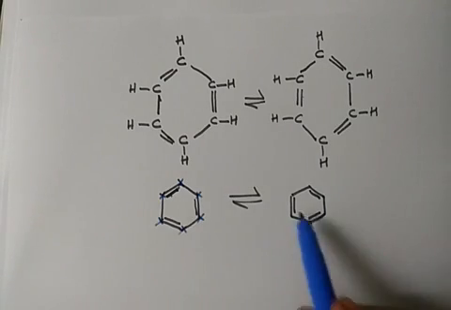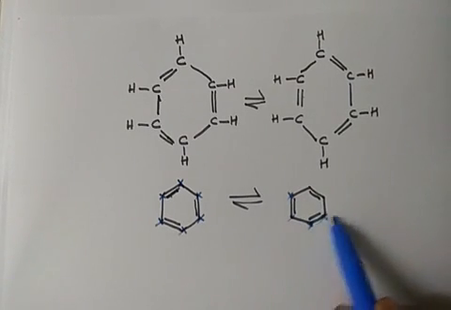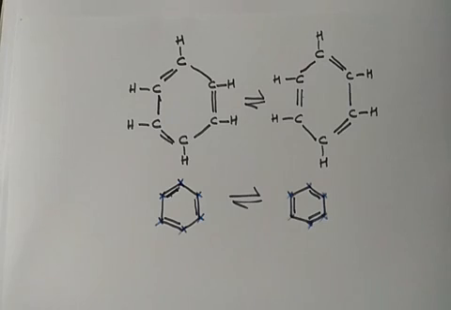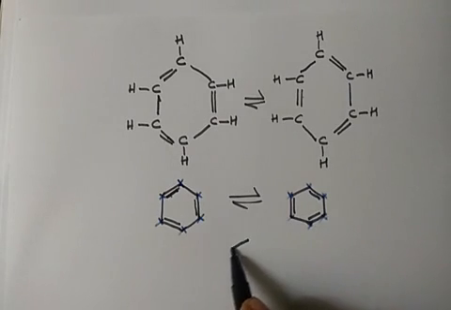When you consider this one, these two pi electrons are present here and here. Pi electrons are present in all the carbon atoms. That is, these pi electrons are not localized on a particular carbon. The pi electrons are delocalized on all the carbon atoms. Okay, pi electrons are delocalized on all the carbon atoms.